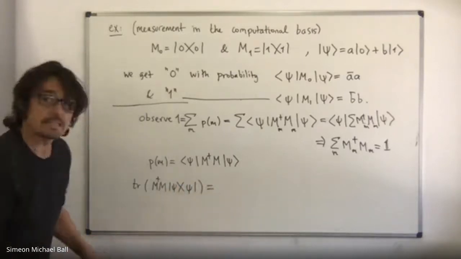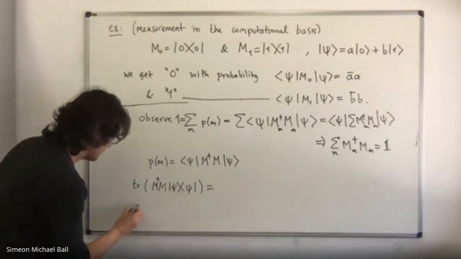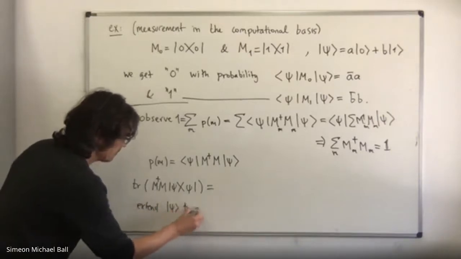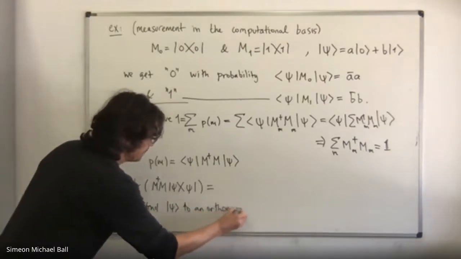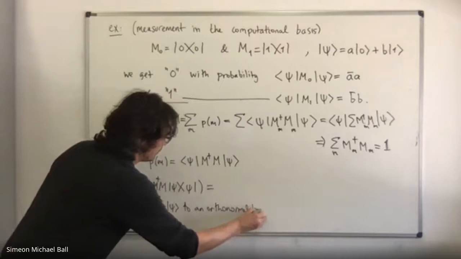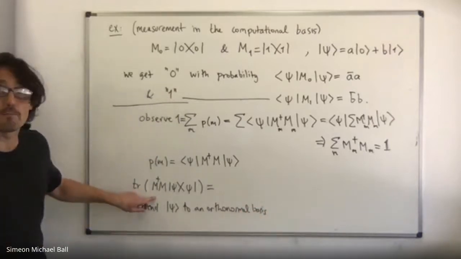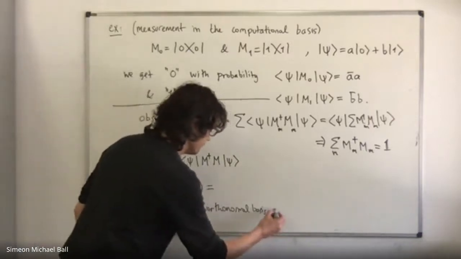If we extend this to an orthonormal basis, then this trace is the sum over this orthonormal basis.